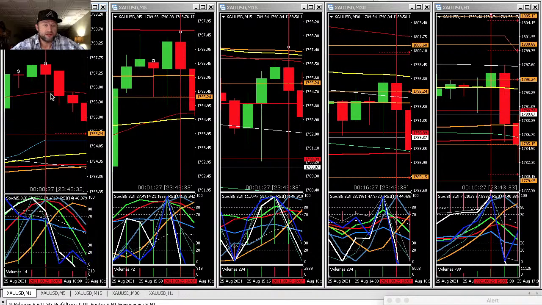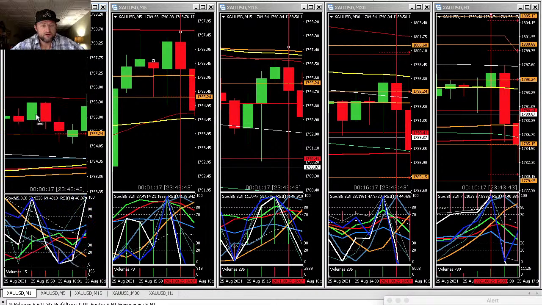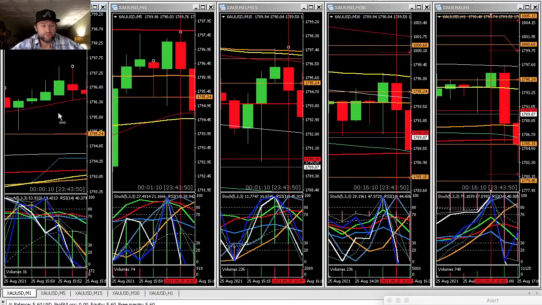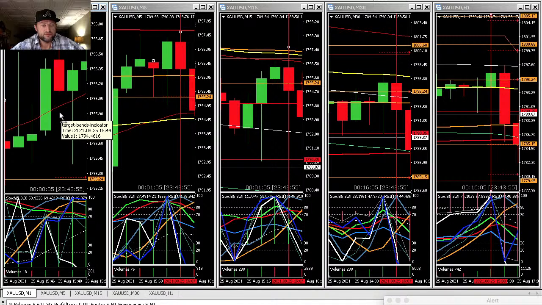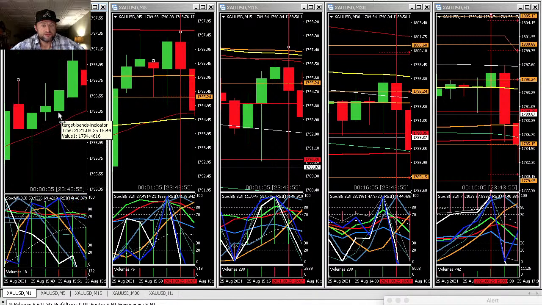Then you get this little action here, and that nice big down candle right there. But you get some price action above that key level right here. Right here, for example, is kind of what I'm talking about.